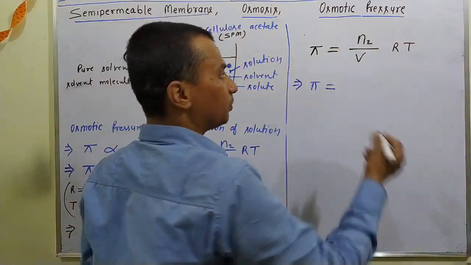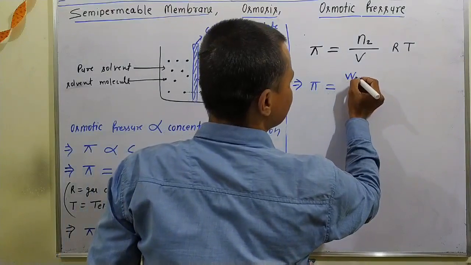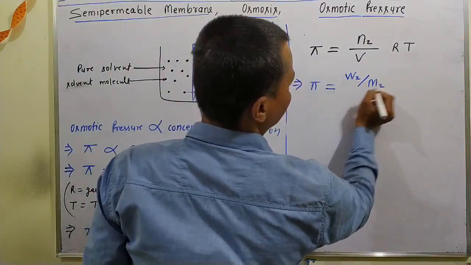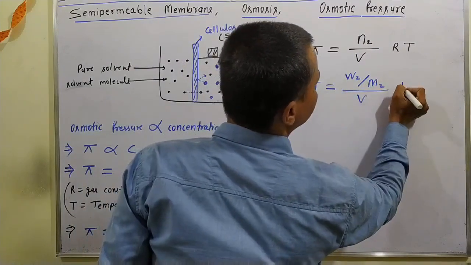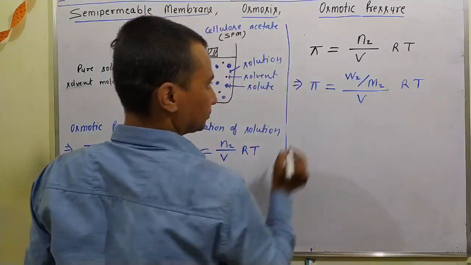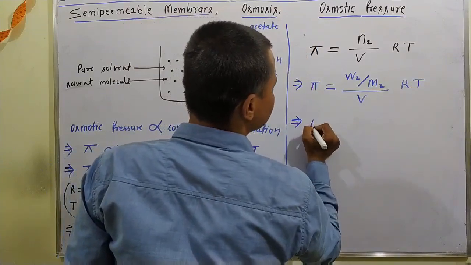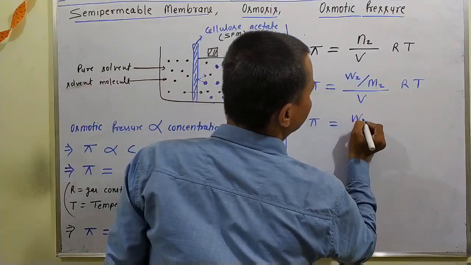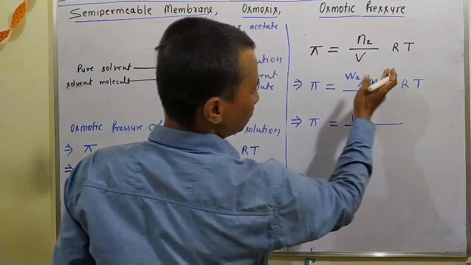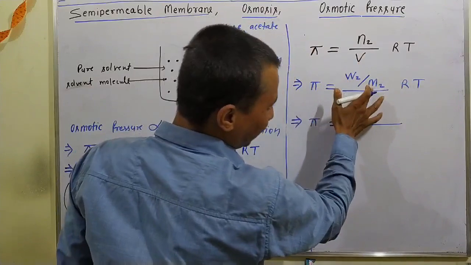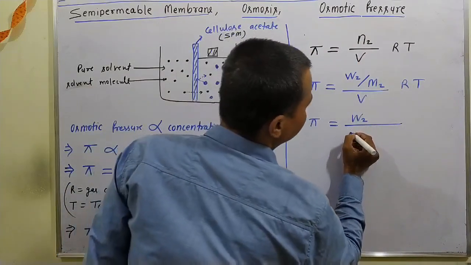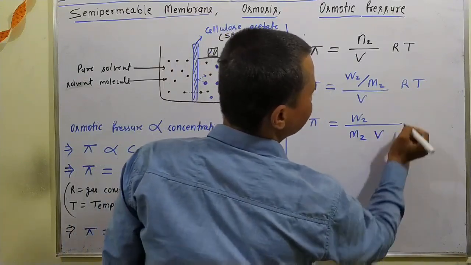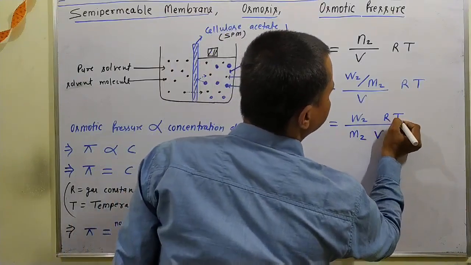How to find the number of moles? Given mass of solute by molar mass of solute, by volume, into RT. This implies that pi is equal to W2 by M2 V, into RT, since n2 is W2 upon M2.